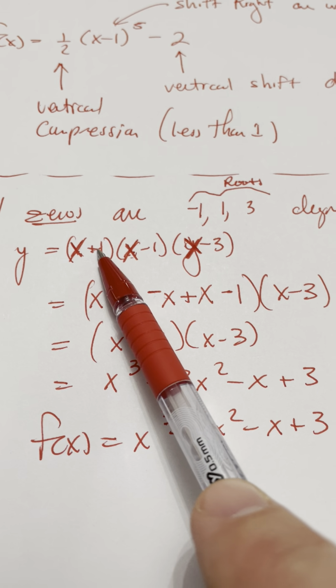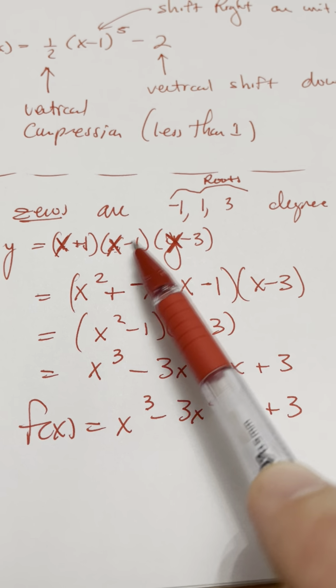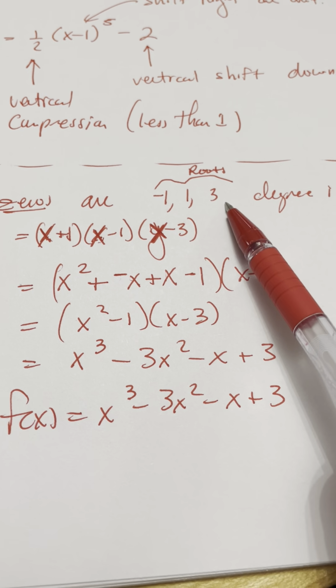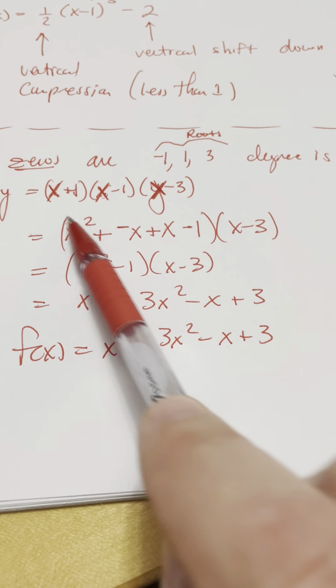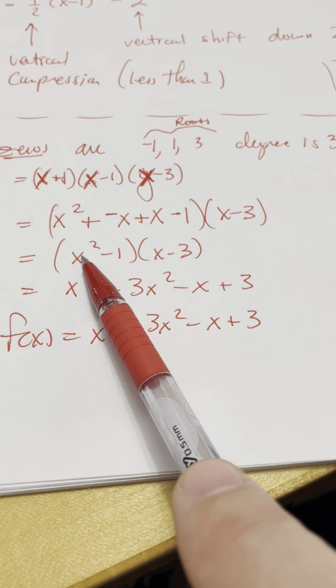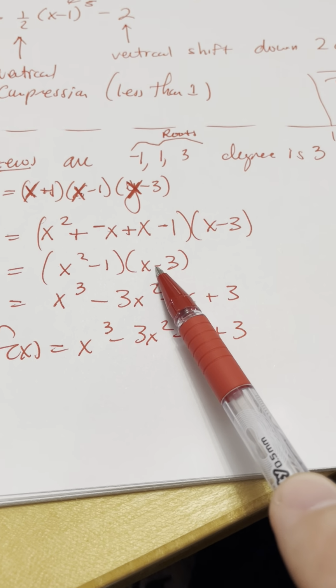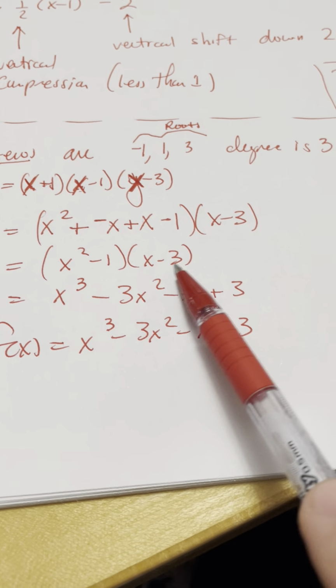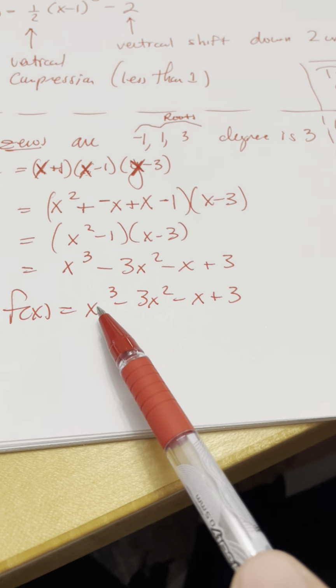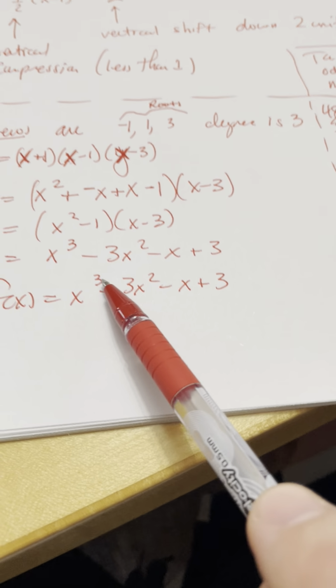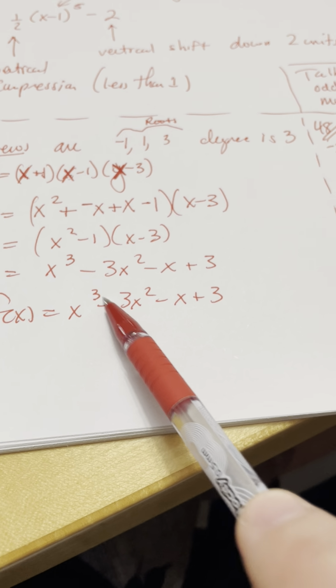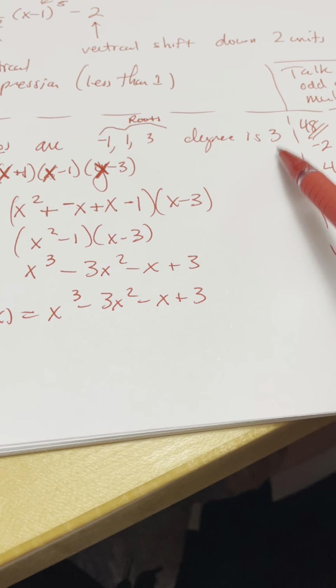So this is x plus 1 for that one, x minus 1, and x minus 3. Then we FOIL it out, taking 2 at a time. I'm going to do these 2 first, and I get x squared minus 1 times the quantity x minus 3. Then we FOIL these out, and we end up with x cubed minus 3x squared minus x plus 3. And you'll notice that that 3 matches that 3.